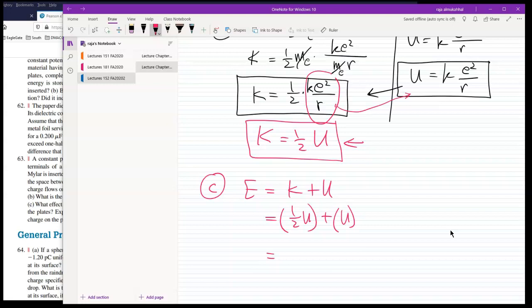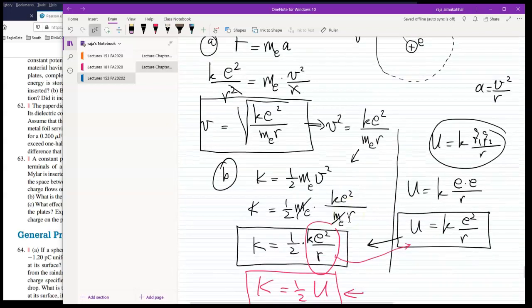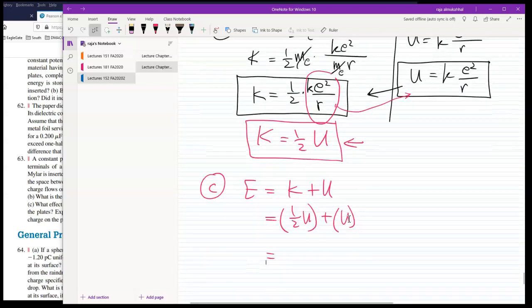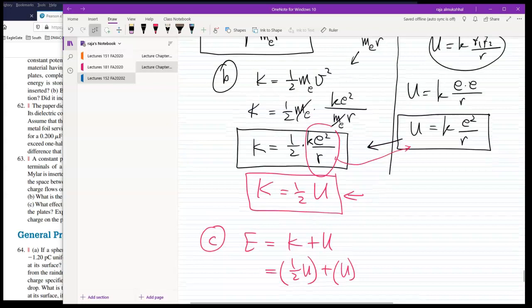But you want to be careful because, I mean, we ignored the sign for the magnitude, but now, because we're using the potential energy, we have to take into consideration the charge here. One of them is the electron, which is negative. So I have to put that minus sign in here. You see what I'm saying?